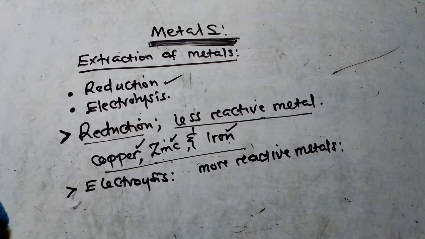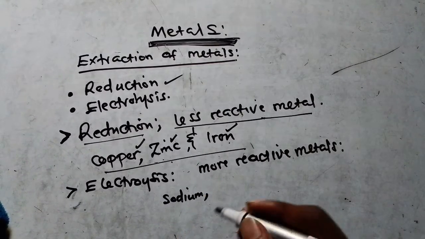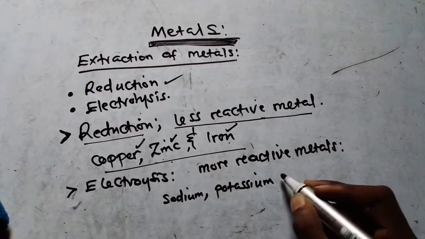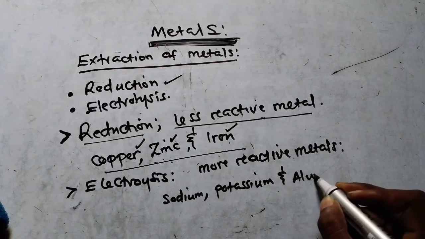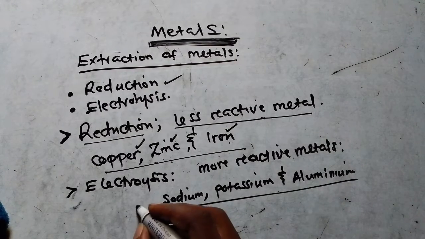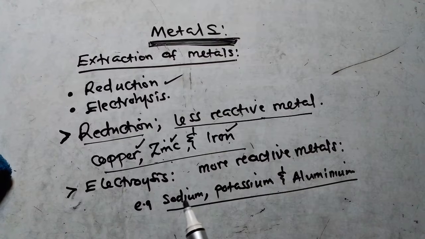For example, of more reactive metals, we have sodium, potassium, and aluminium. So these are just examples of metals that we can extract using electrolysis.